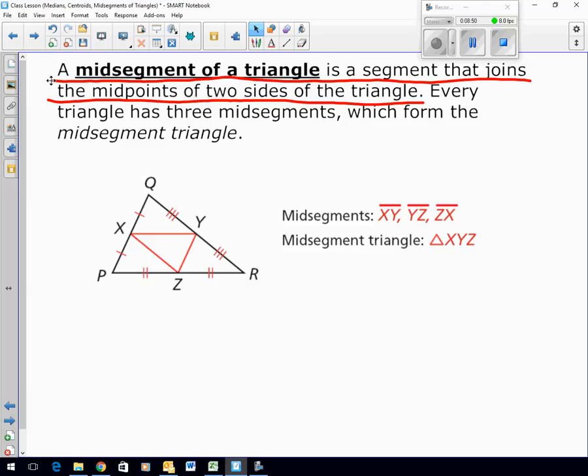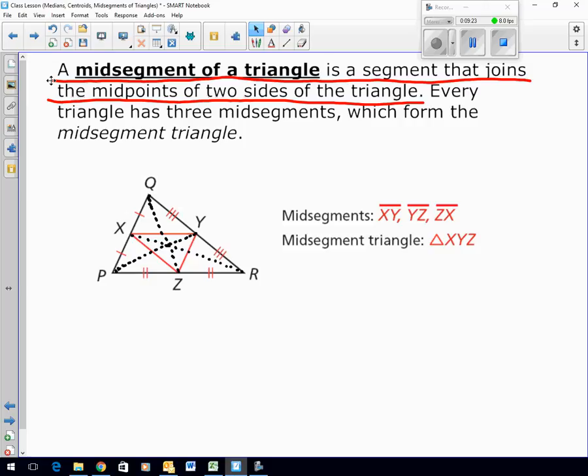Notice that it's a little bit different than our centroid, correct? Remember, in centroid, we went from the median to the opposite angle. The black dots would represent our centroid.